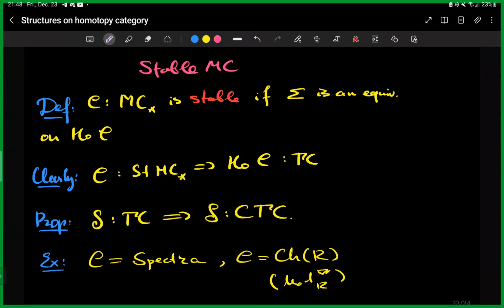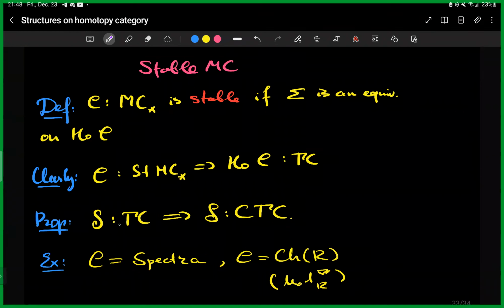Okay, so we're almost over. I want to conclude this talk with the following short observation. First of all, we call a model category stable if suspension is an equivalence on the homotopy category. And clearly, if a model category is stable, then its homotopy category is triangulated, just by definition.